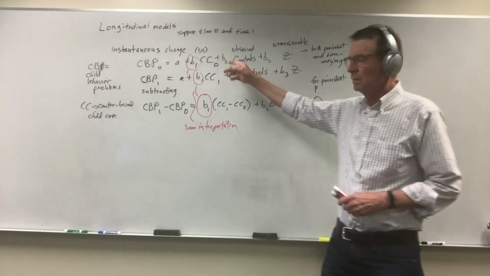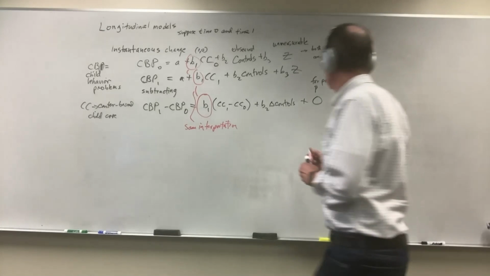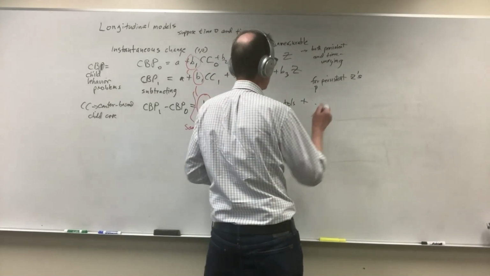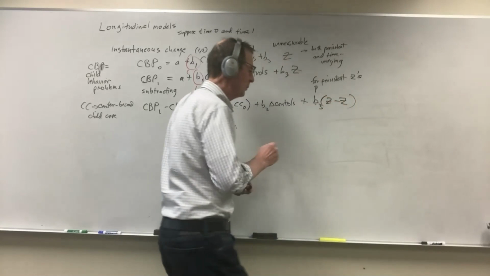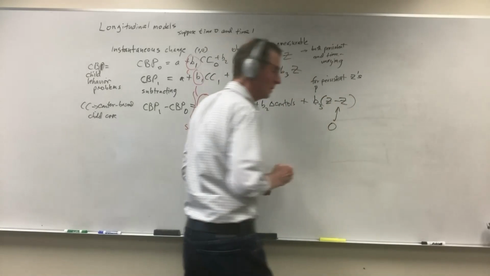Right, so up here, oh, go ahead. I had a question about the B3 canceling out. So why wouldn't it be like plus B3 the change in C as it is for controls? Well, you're talking about the Z's, right? Yes. B3 Z minus Z. So you still have B3, but to the extent that Z is persistent, that's 0.